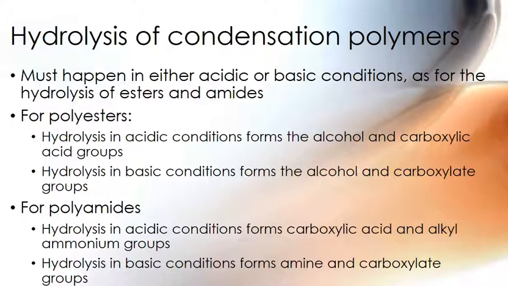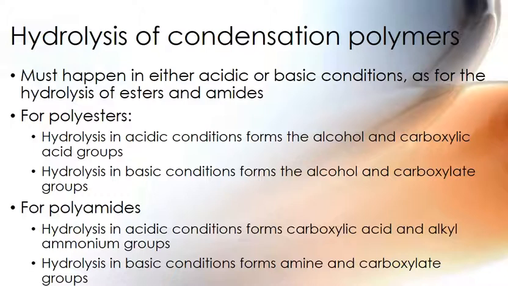And the products are basically the same as what you would get with the hydrolysis of an ester or amide. Well, no, actually no slight differences, other than to remember that you've got multiple functional groups on each molecule, so you need to consider what happens to each functional group.